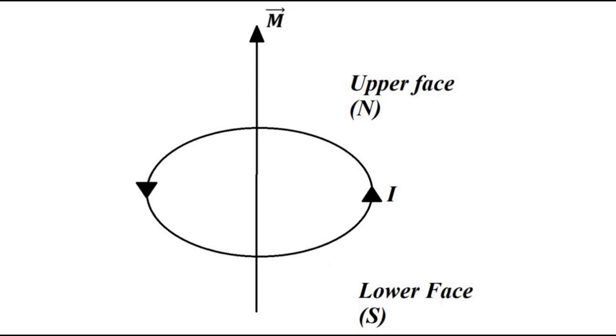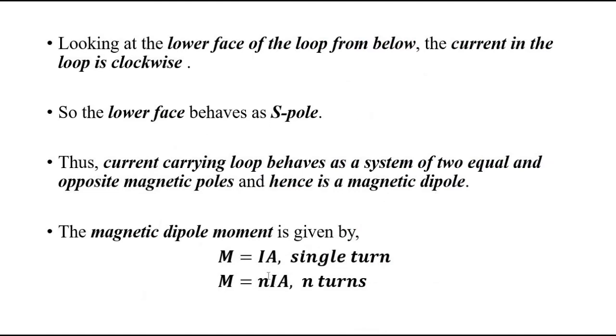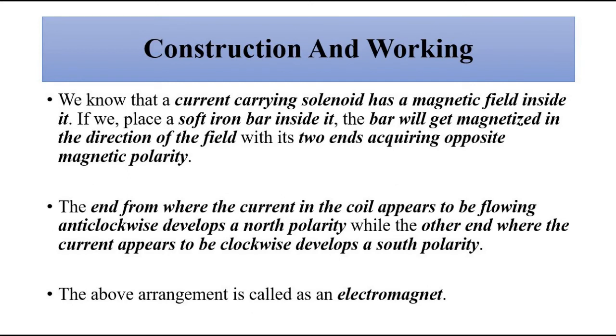This is the resultant magnetic dipole moment, which is given by the product of the current and the area of the coil loop. This is Ia for a single turn, and for n turns of coil, the magnetic dipole moment is given as NIA.